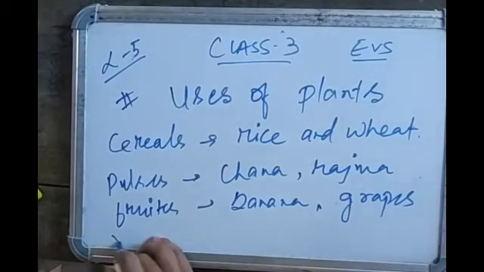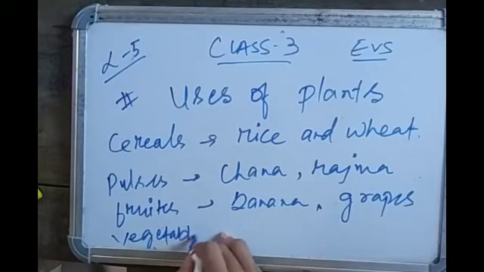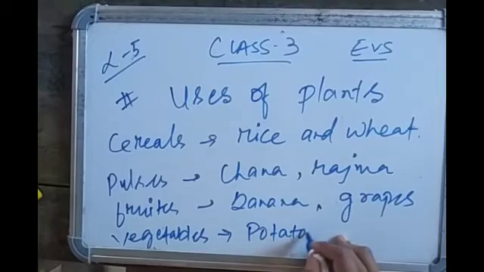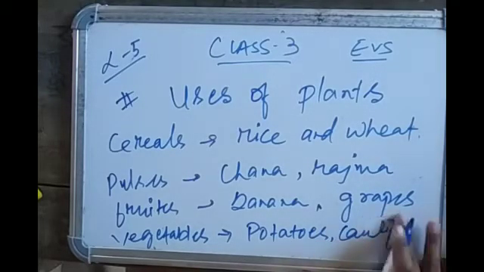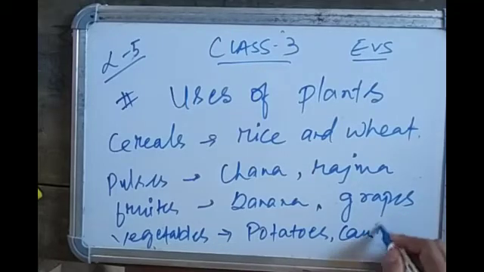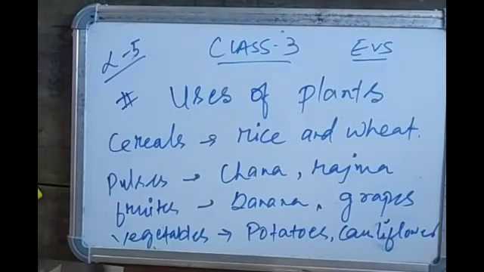Then vegetables: potatoes, and cauliflower is also given in your textbook. So we get food from plants. In cereals, rice and wheat are given. Pulses, chana and rajma. Fruits, banana and grapes. And vegetables, potatoes and cauliflower are given in your textbook.